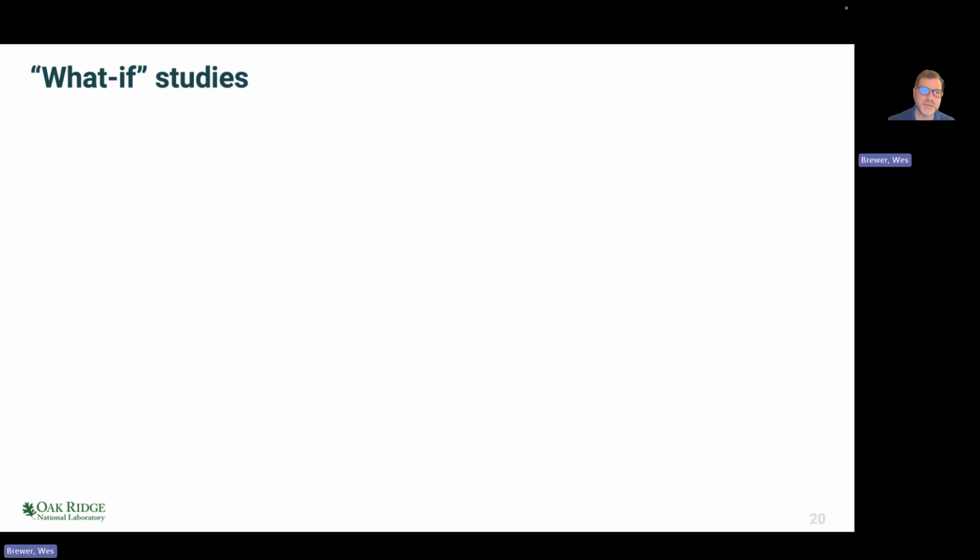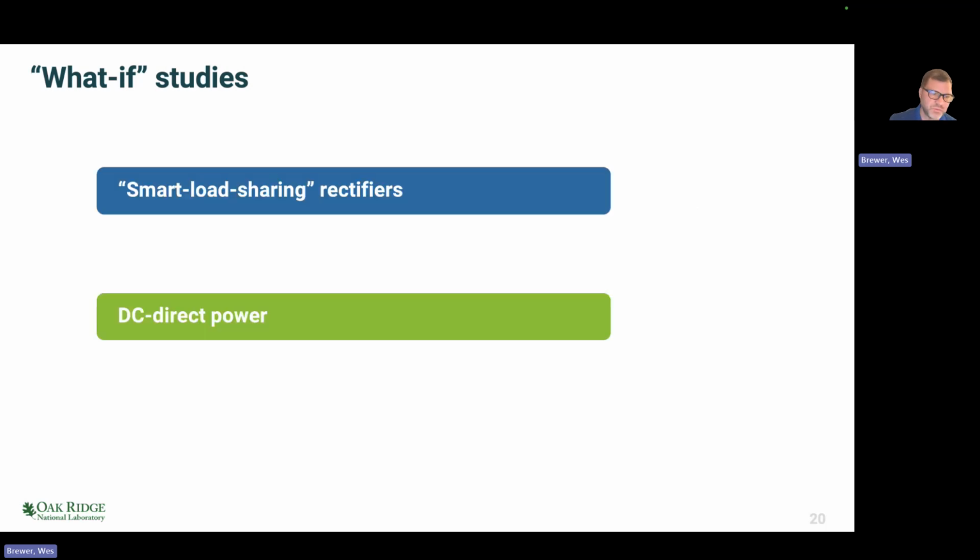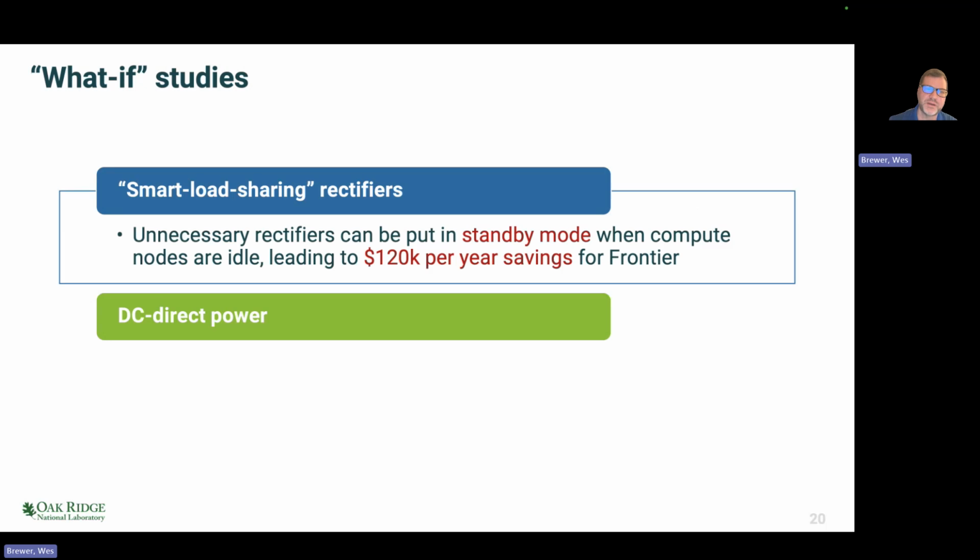So the next thing we did is ask, can we do some simple what-if studies to see how we can mitigate or improve energy efficiency? The first test we tried was what we call smart load sharing rectifiers. The idea here is, can we put unnecessary rectifiers in a standby mode when the system is at low utilization?